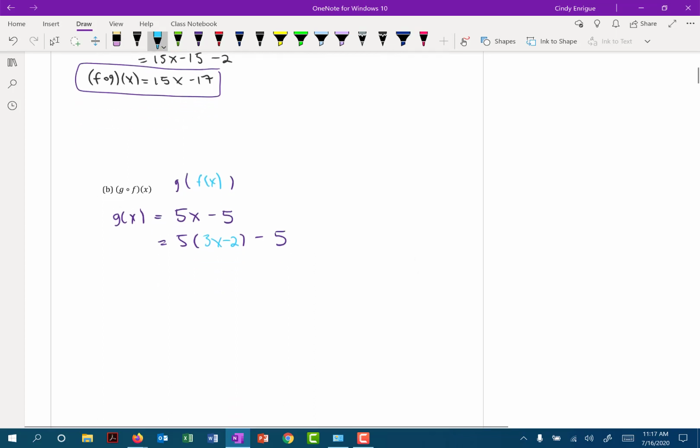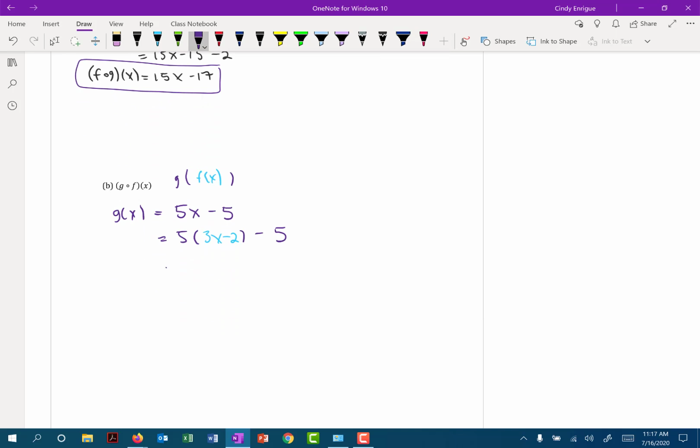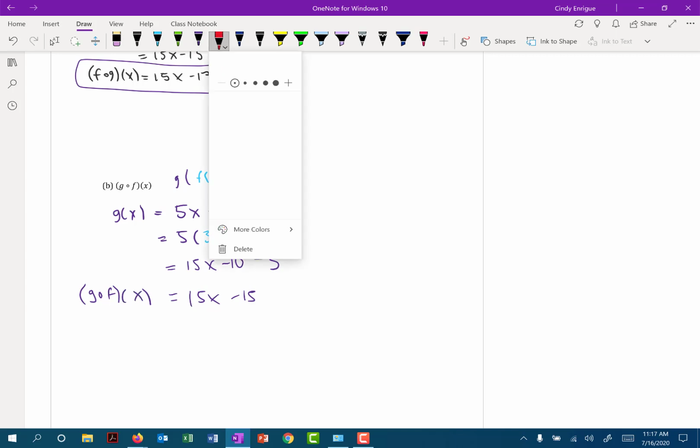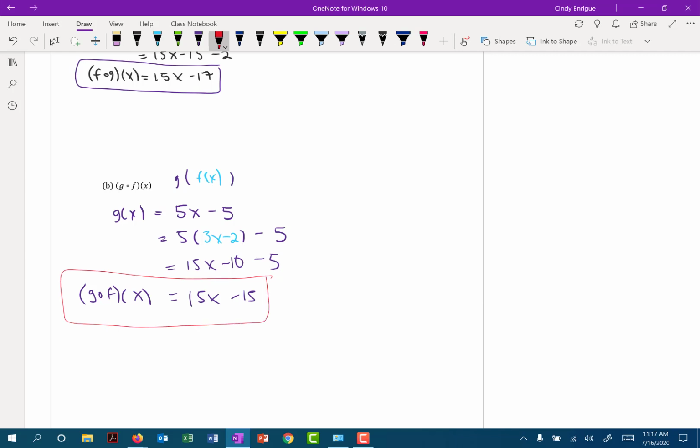So now I'm going to distribute. So I'm going to have a 15x minus 10 minus 5. So a 15x and a negative 10 minus 5 is a negative 15. So I have that my g composed with f with respect to x is going to be 15x minus 15.